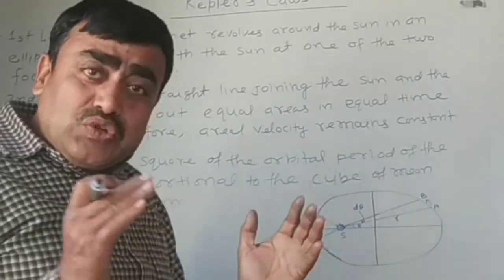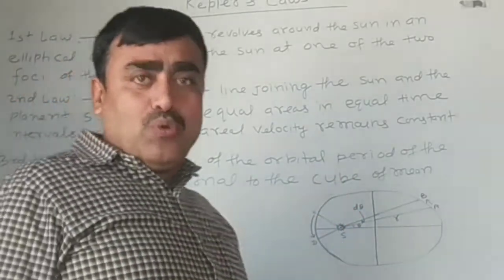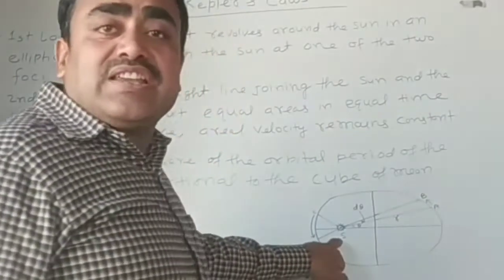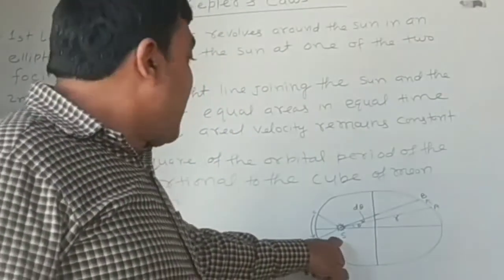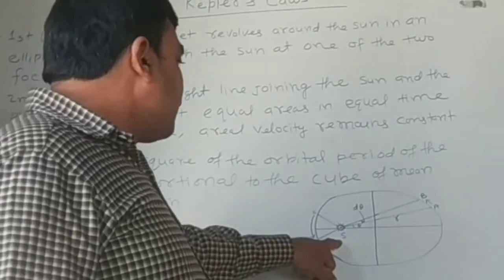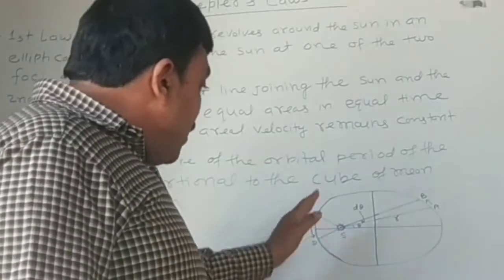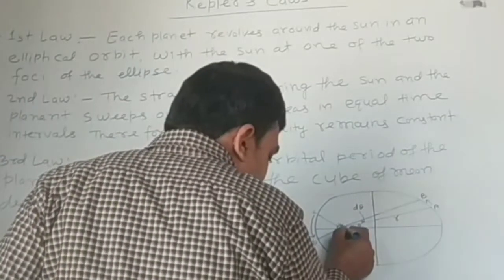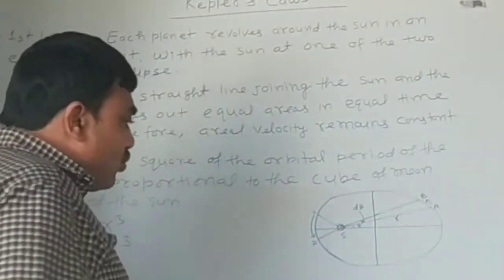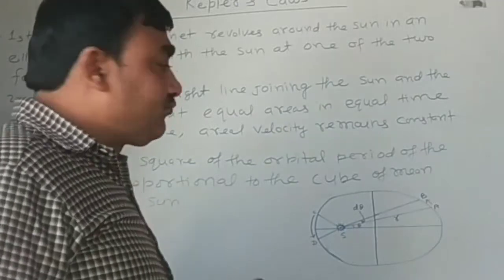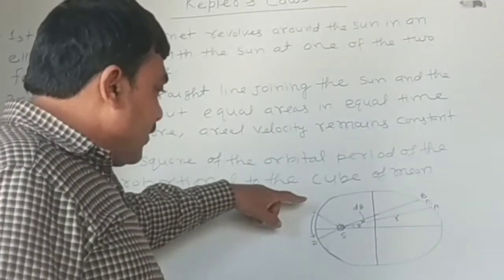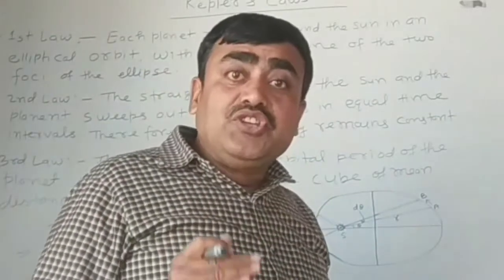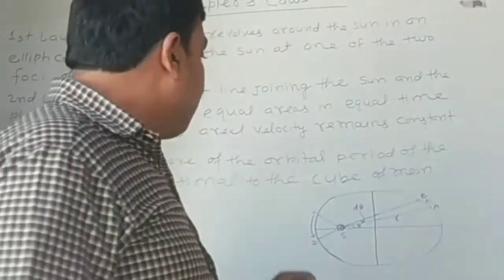It has two foci. Suppose first one is located here, and if the sun is located here, then the motion of the planet is fast in the part nearer to the sun.